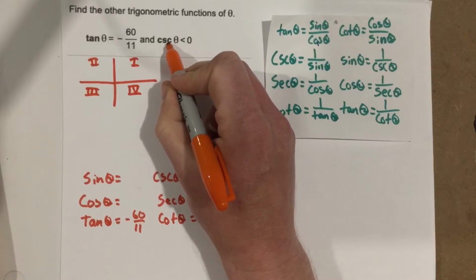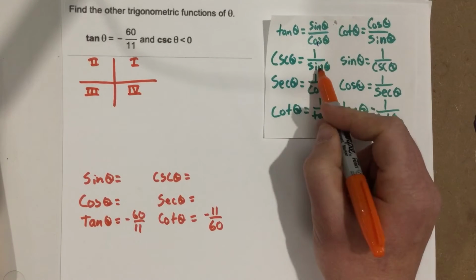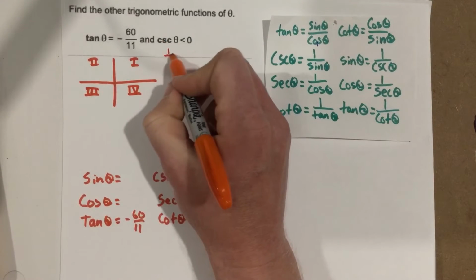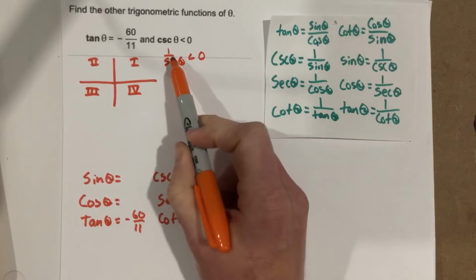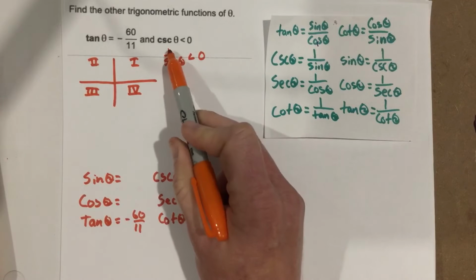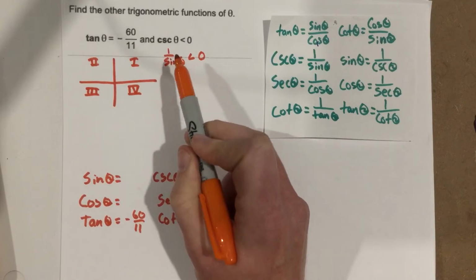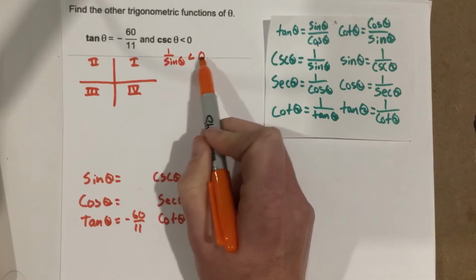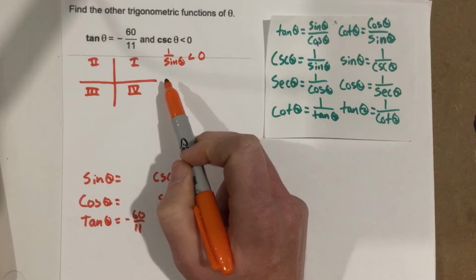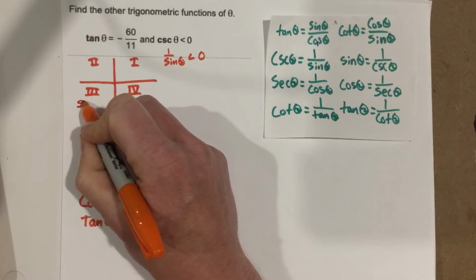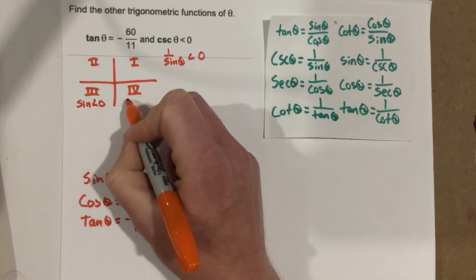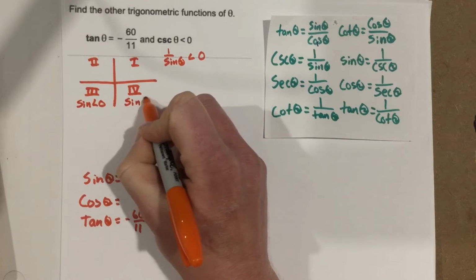Well, cosecant is 1 over sine, so I can write 1 over sine theta less than 0. If 1 over sine is less than 0, 1's positive, so sine must be negative. So sine is less than 0 in this problem. Where is sine less than 0 on the unit circle? Well, sine is a y value, so it's less than 0 in quadrants 3 and 4.